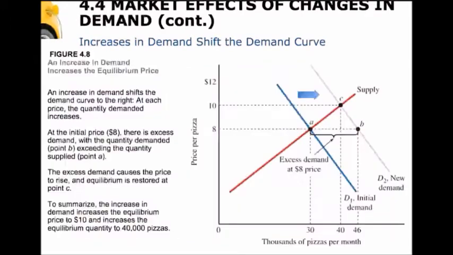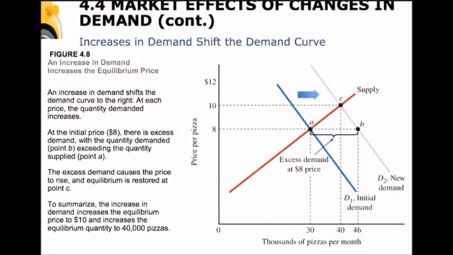What are the effects of an increase in demand? Now we look at the market and really try to see what are the large impacts that we can look at on price and quantity using the fact that we know we're going from one equilibrium to another equilibrium. Suppose we have an initial demand curve, D1, and a supply curve. And something happens that we looked at, either an increase in income for a normal good or a change in price of substitutes and complements, that shifts the demand curve to the right or increases demand. What happens?